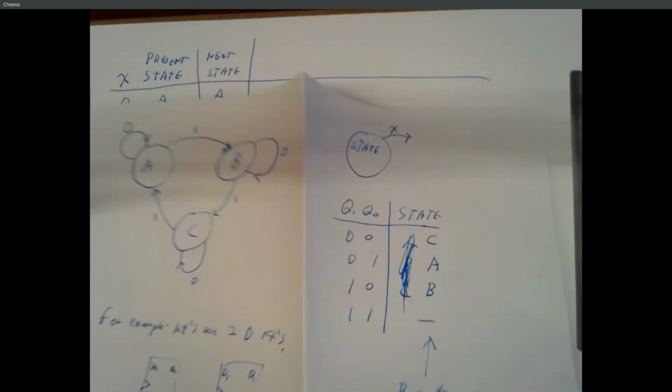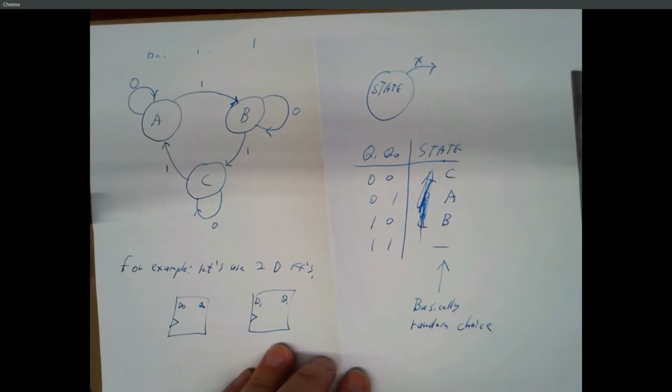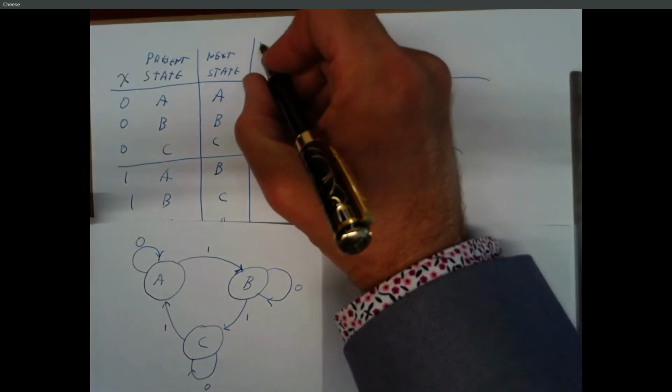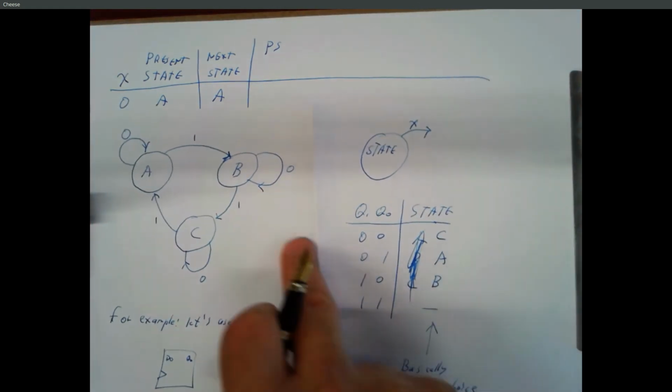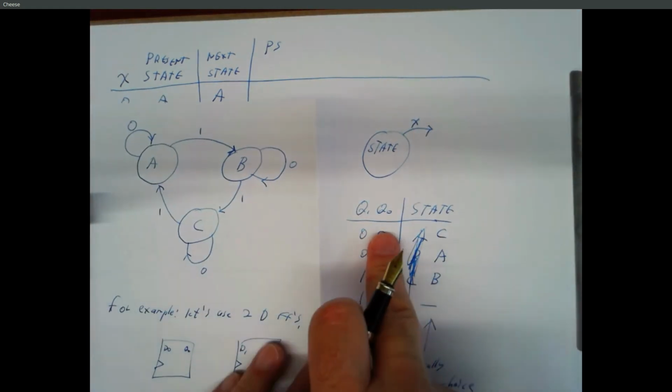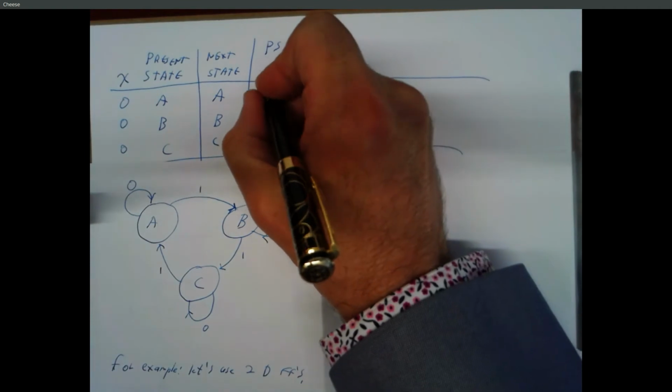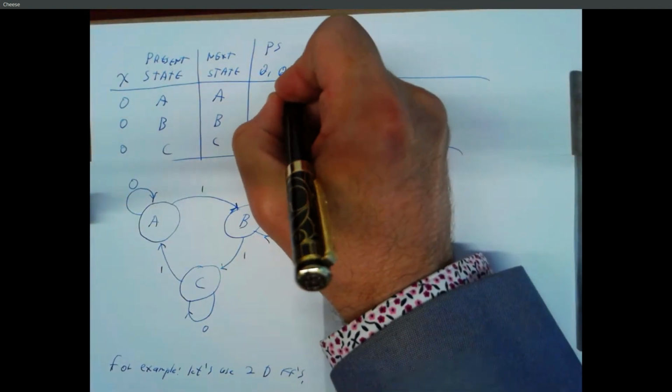So we need to think about our flip-flops, and so I'm going to make another column for present state, and instead of using my names, I'm going to list the values of Q1 and Q0. So Q1, Q0.